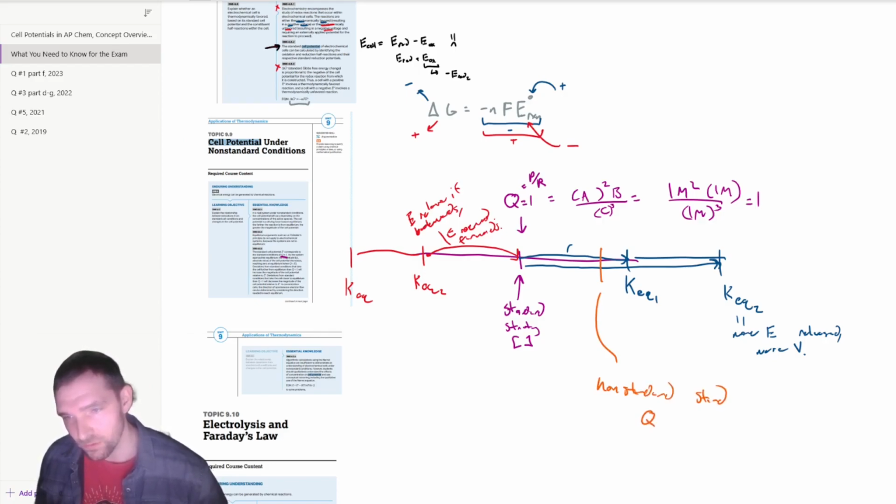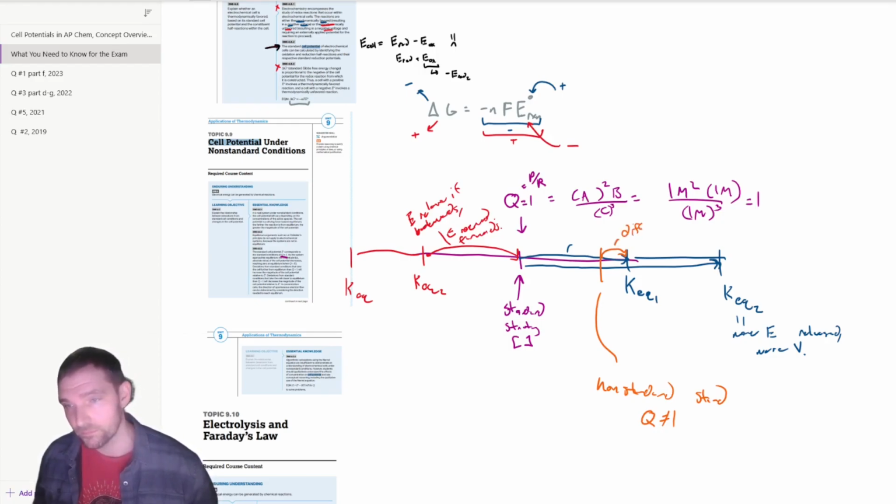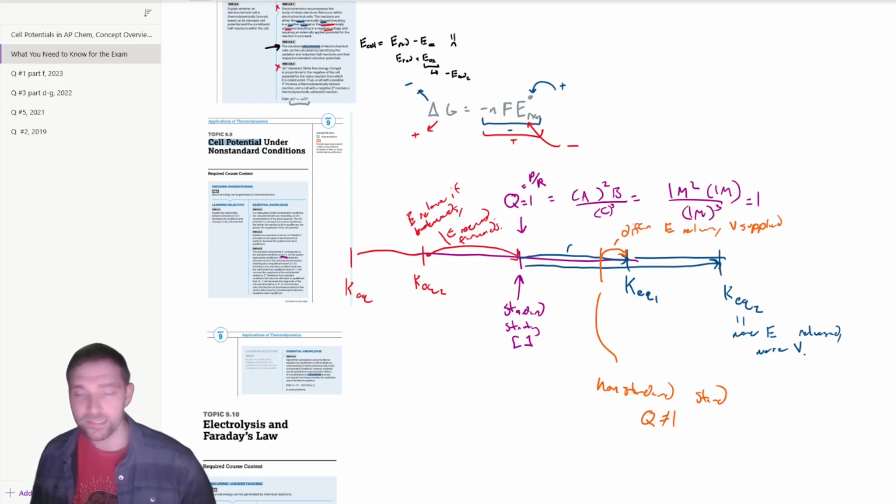What if Q does not equal 1? What if Q is kind of big? Now there's a different amount of energy that's released and a different amount of voltage that is required. So that's the main idea.